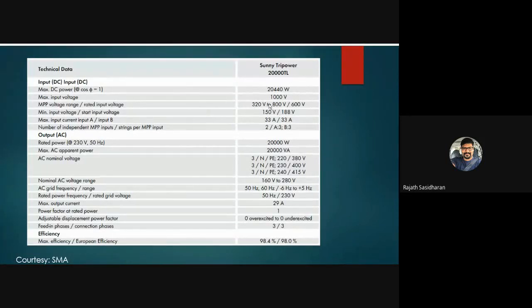Then the next important thing is 1000 volts. That's the maximum input voltage. Ladies and gentlemen, please note that if you're going to design a solar photovoltaic system, please do not simply divide this 1000 volts by the open circuit voltage of the panel. Why? Because the open circuit voltage of a panel is only under standard testing conditions. So imagine a situation where there is enough sunshine and the temperature is 15 degrees Celsius.